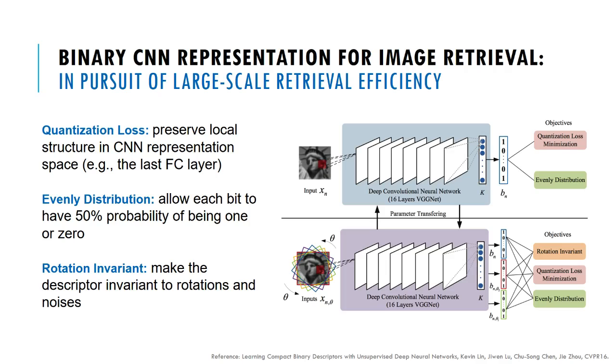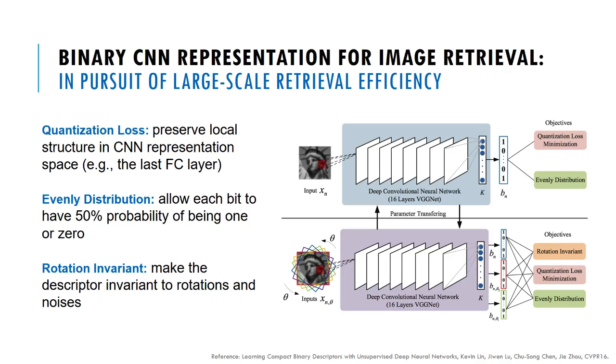So one of the jobs when we're trying to learn a really good binary representation is to try to minimize the quantization loss. The quantization loss is all about preserving the structure so that we have a faithful representation in binary. That's a very key point.